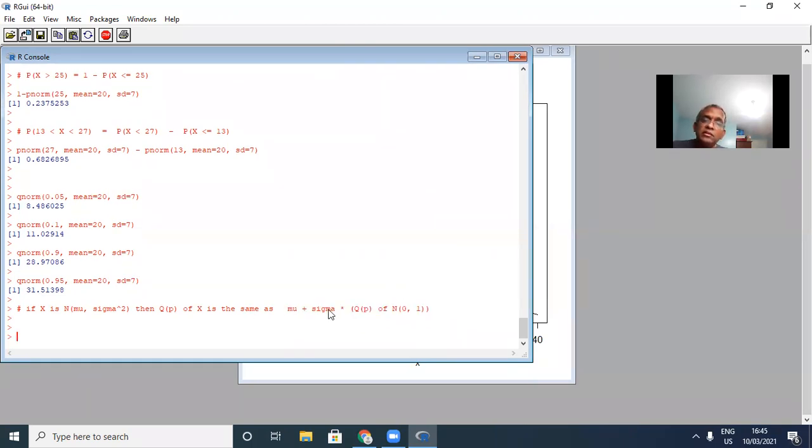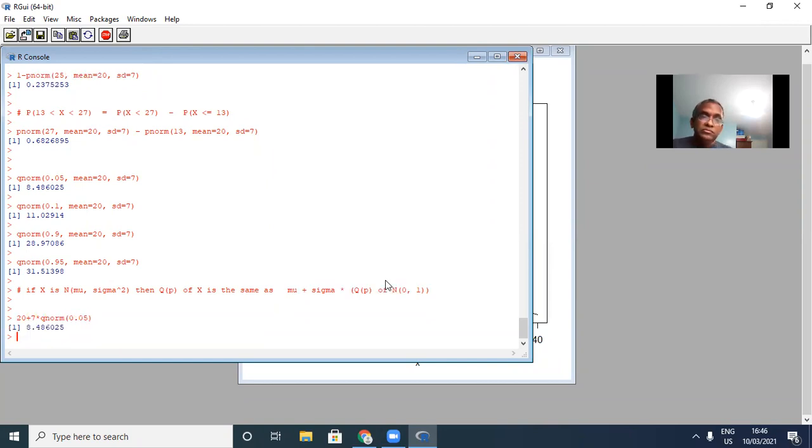Now let me illustrate this for these four quantiles. For the first exercise, the mean is 20 and the standard deviation is 7. So if I'm using this formula, I should write 20 plus 7 times qnorm at 0.05.